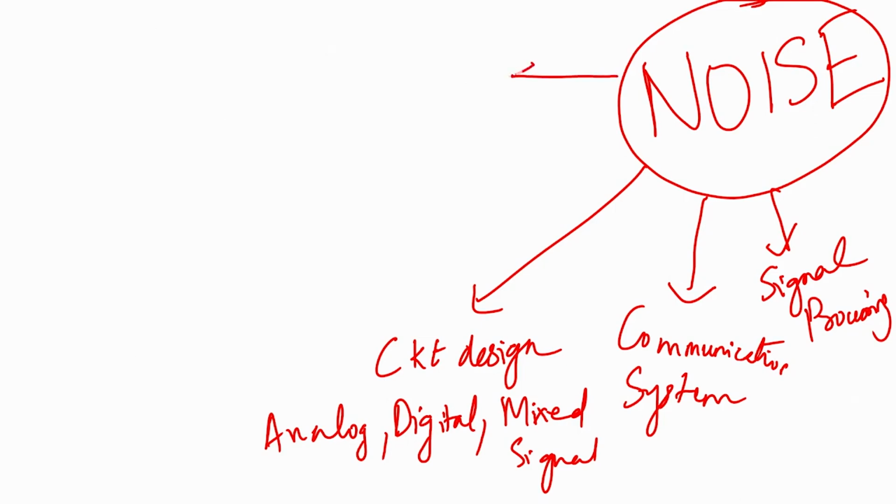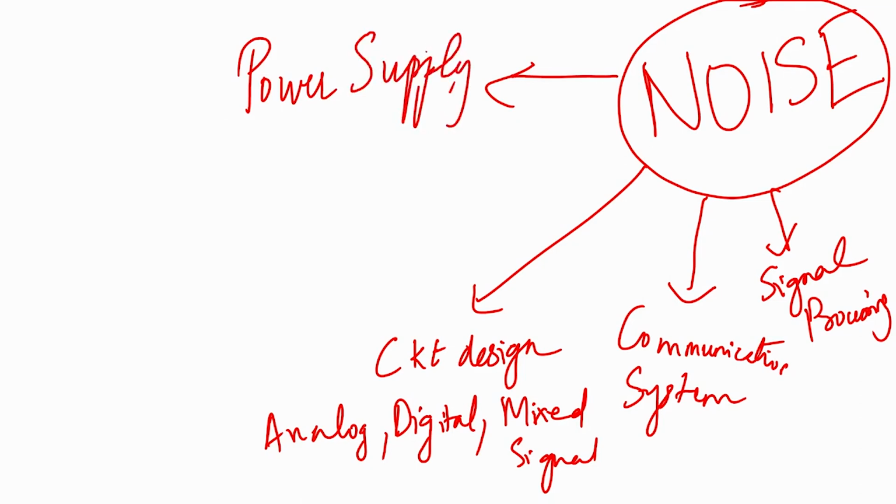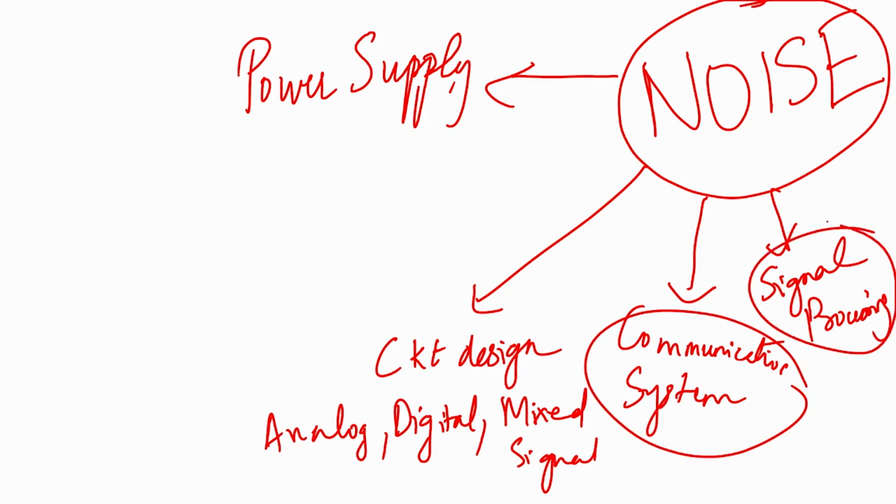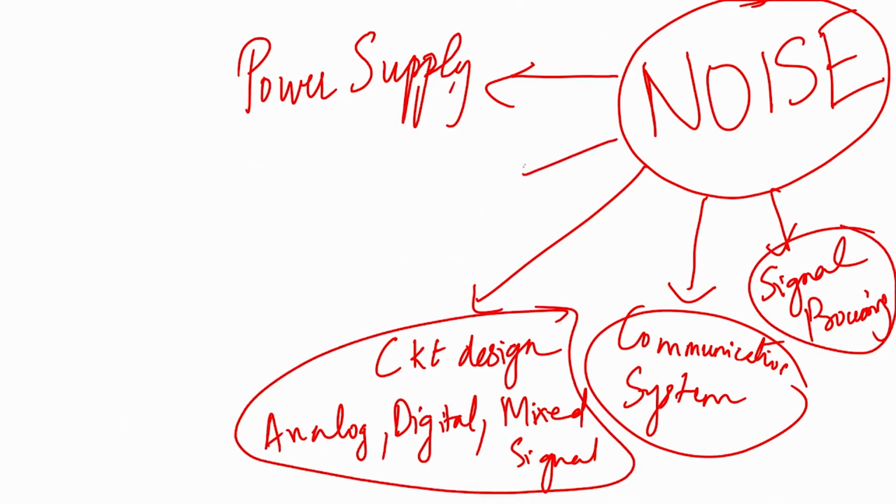Noise is there in power supply. If you are designing power supplies, there also noise comes. Noise is there in communication systems, in signal processing, in circuit design, in information theory, which is a part of communication systems.